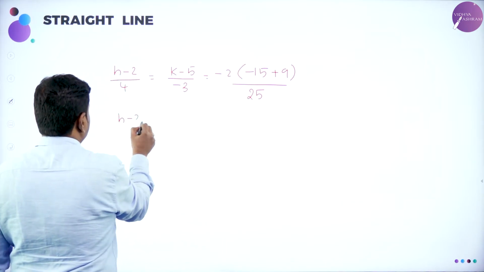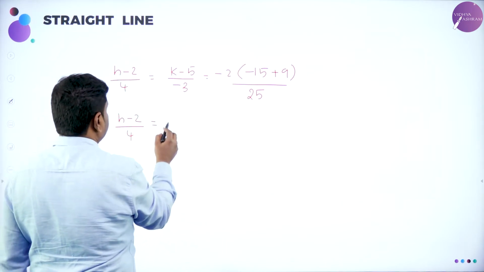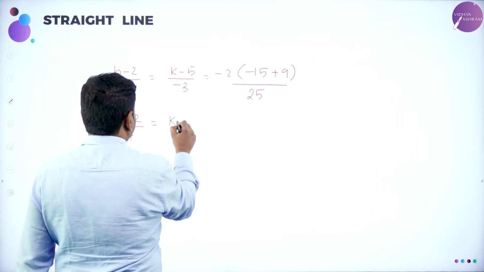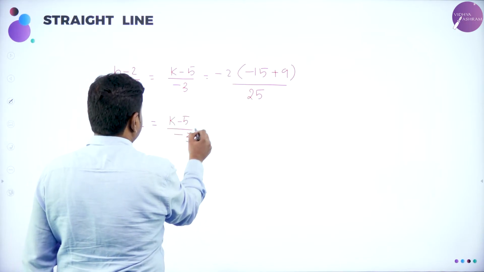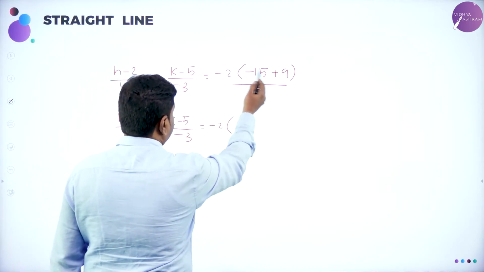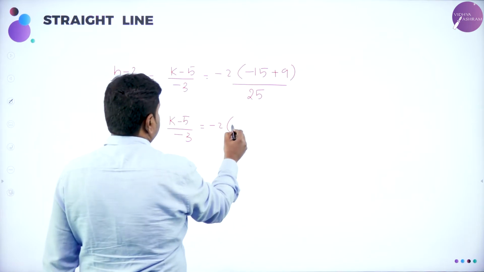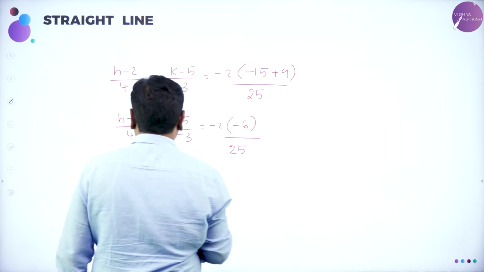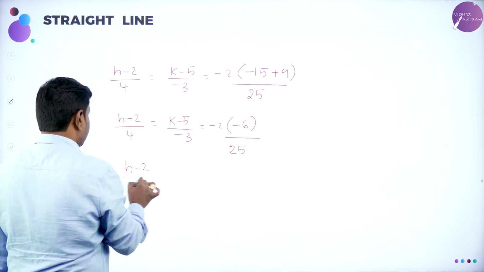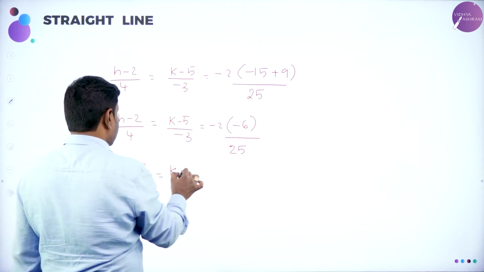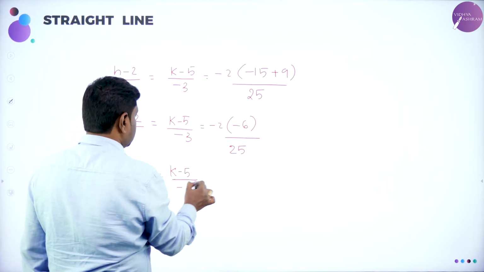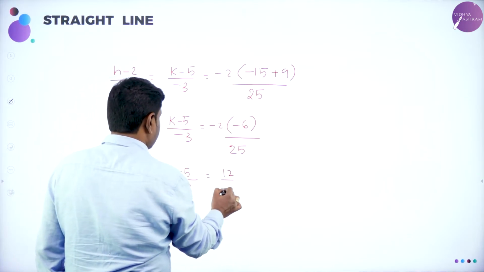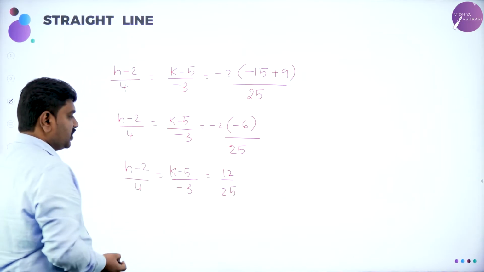So minus 2 into minus 6 divided by 25. Further, (h minus 2) by 4 is equal to (k minus 5) by minus 3 is equal to 12 by 25.